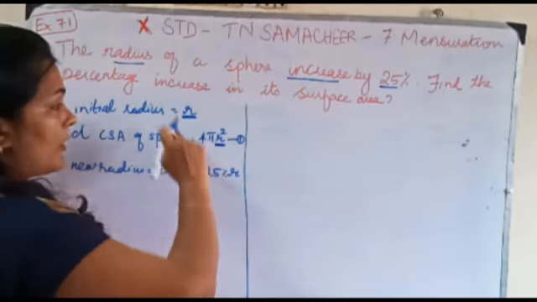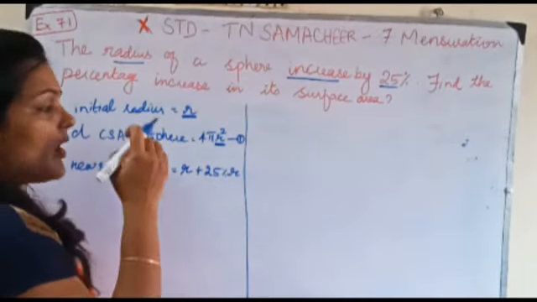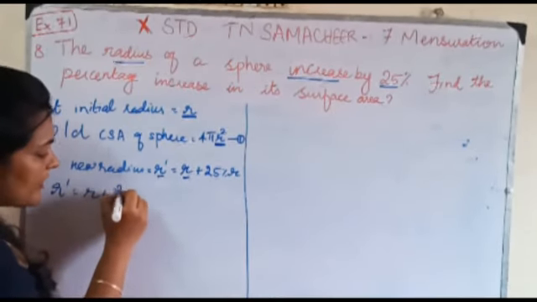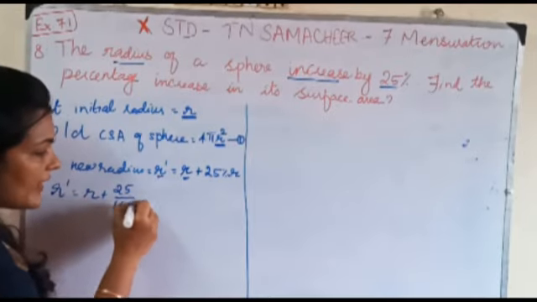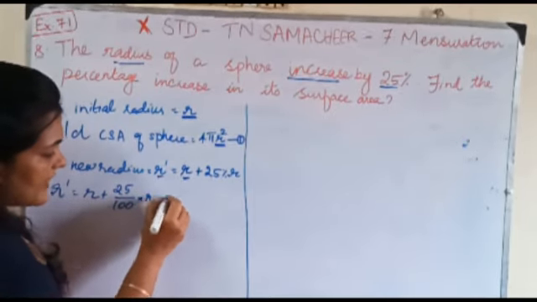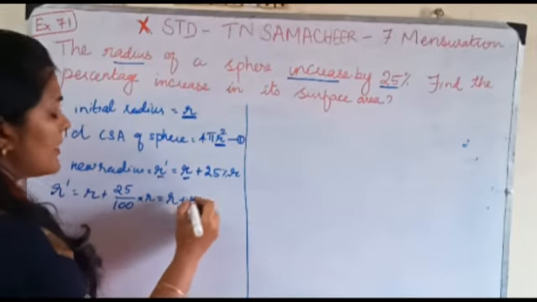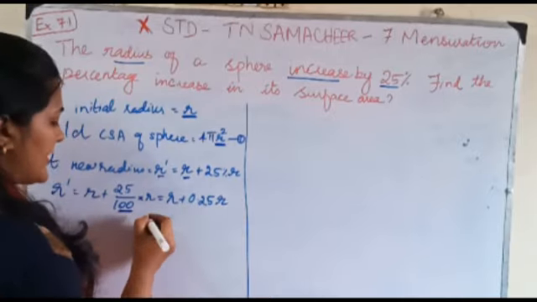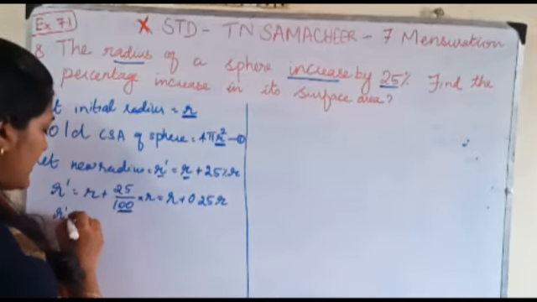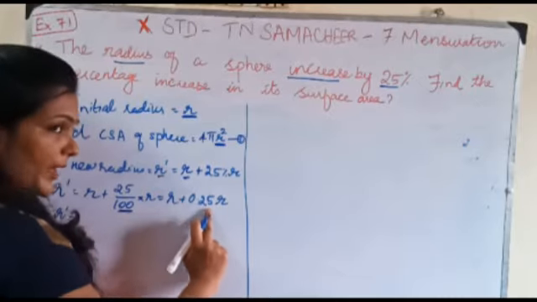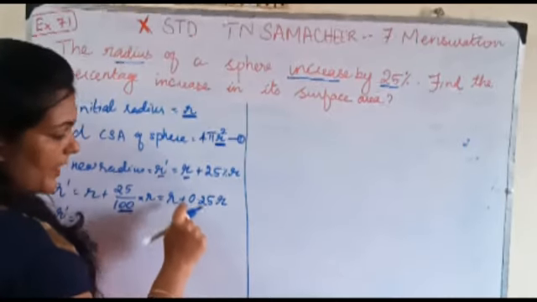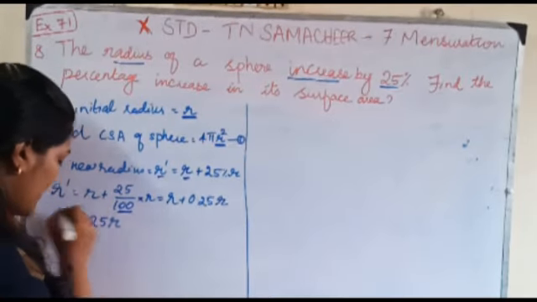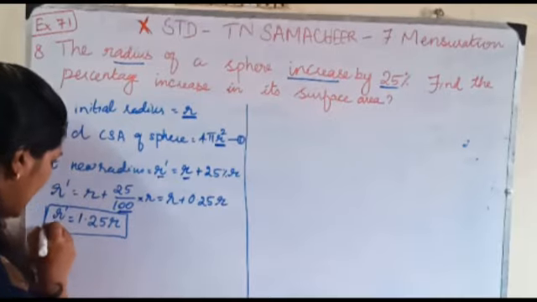This r is our old radius plus 25% of r. r dash is equal to r plus 25 by 100 into r, which is r plus 0.25 r. So r dash is equal to 1 r plus 0.25 r, which is equal to 1.25 r. So this is our new radius.